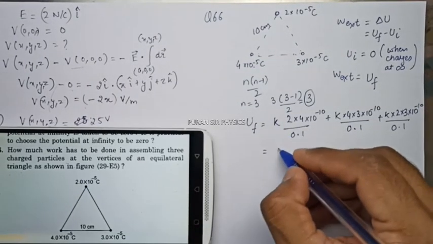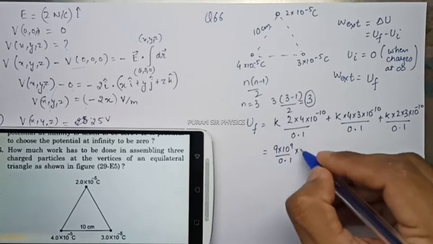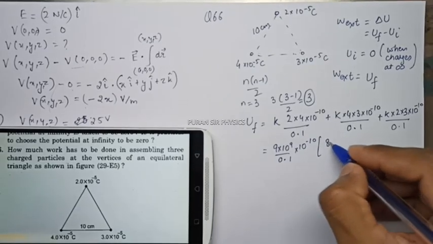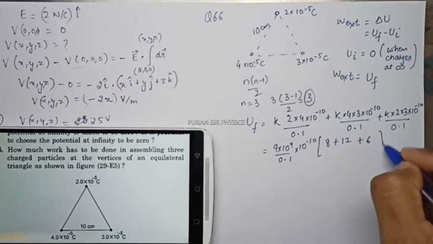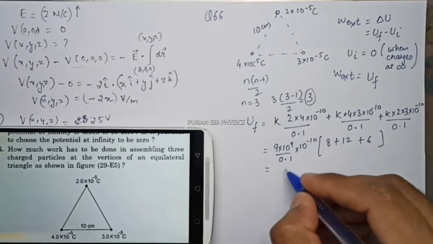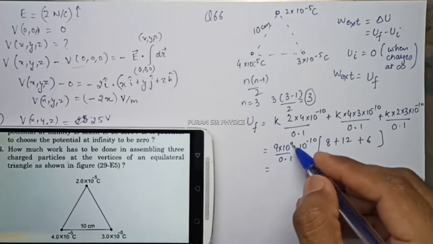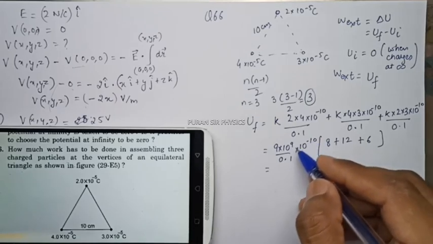तो यहाँ पे जो कॉमन है, K कॉमन है, 9 into 10 raised power 9 divided by 0.1 into 10 raised power minus 10. ये सभी कॉमन आ गया. यहाँ पर आपका आएगा 8, यहाँ पर आपका आएगा 12, और यहाँ पर आपका आएगा 6. So it comes out to be, these things all cancel out. 10 raised to power 9 into 10 raised to power minus 10 is 10 raised to power minus 1.